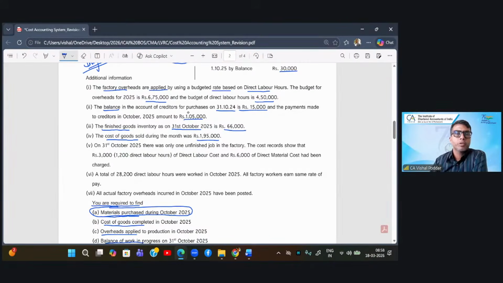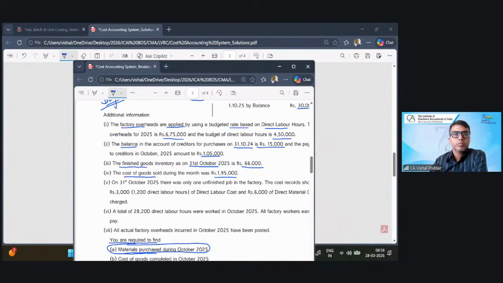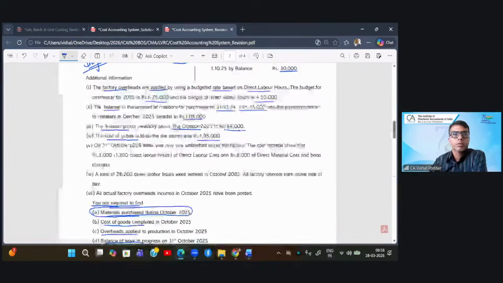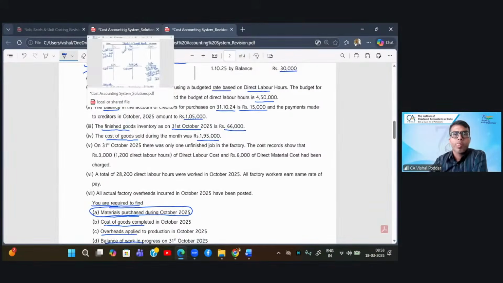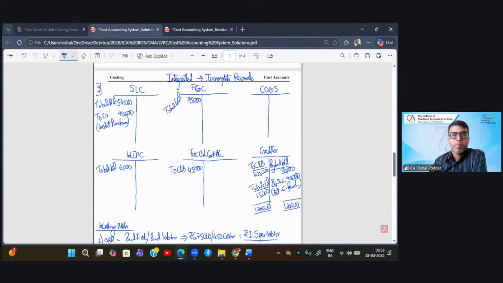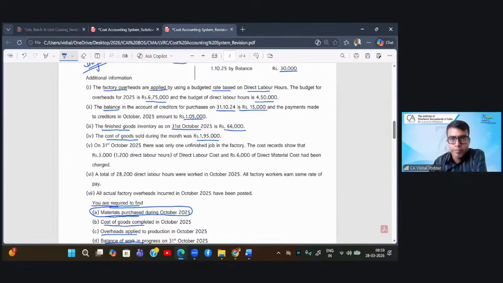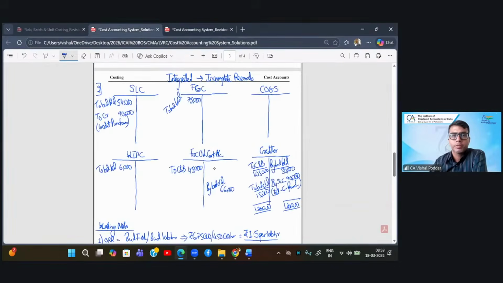So finished goods closing amount is given 66 and COGS is given 195. 66 is balance carried down and 195 is the COGS. So it comes here to FG.